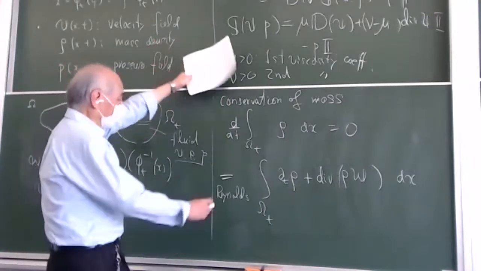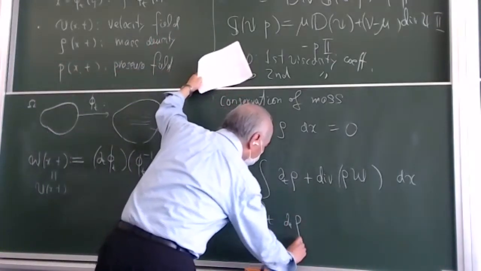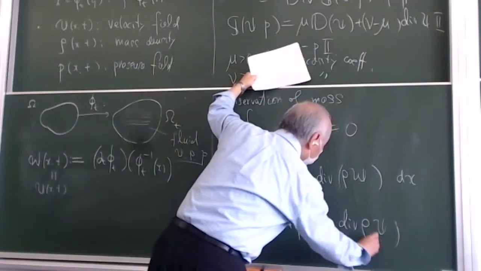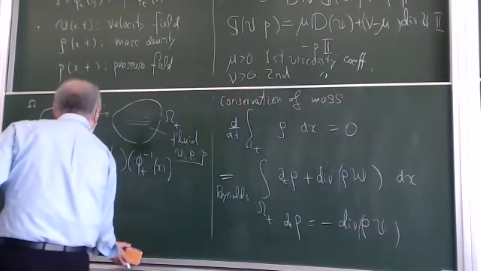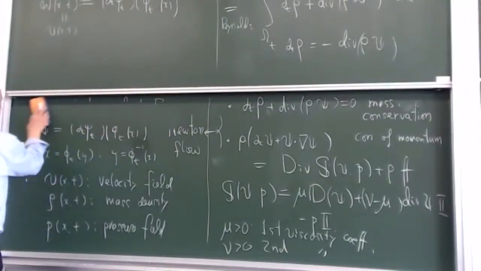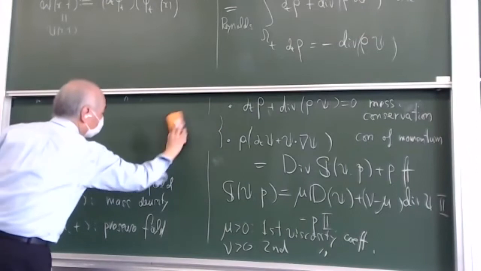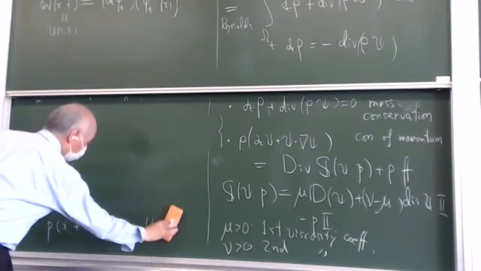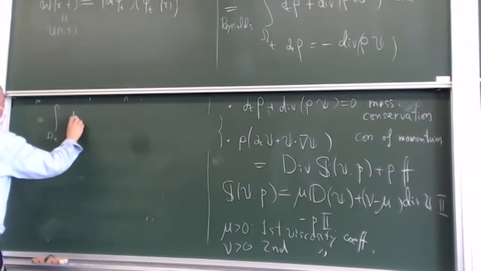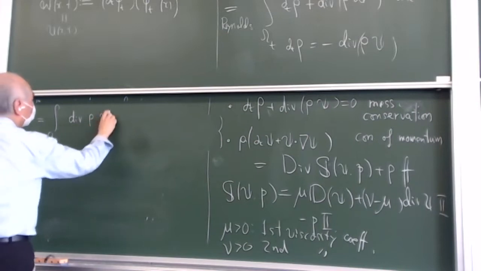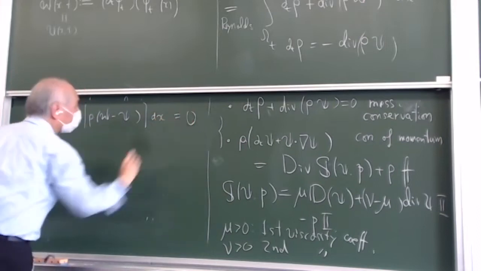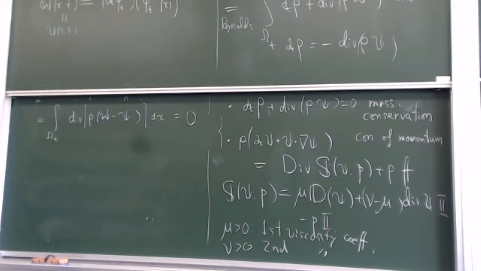But now we use here dt rho is equal to minus div rho v. Therefore, you get the integral over omega t of div of rho times (w minus v). This is zero.